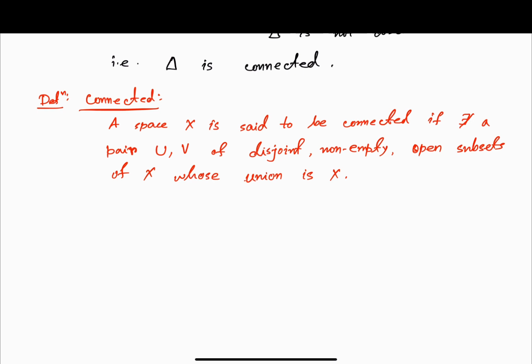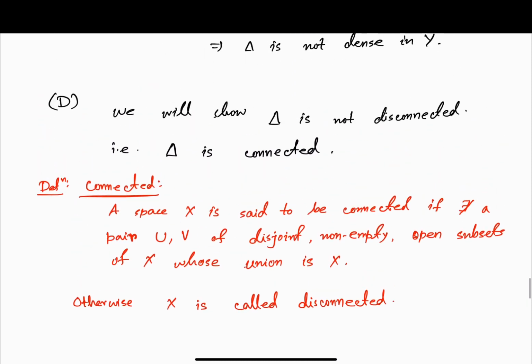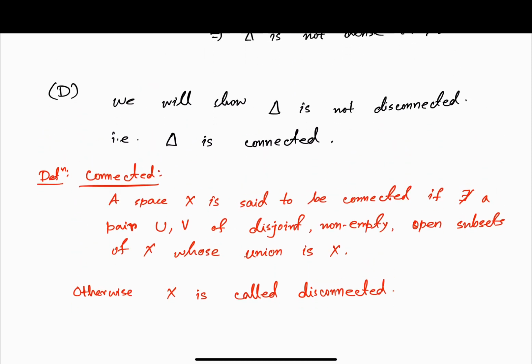And if X is not connected, otherwise X is called disconnected. Okay. So we'll show that this diagonal set delta is connected.